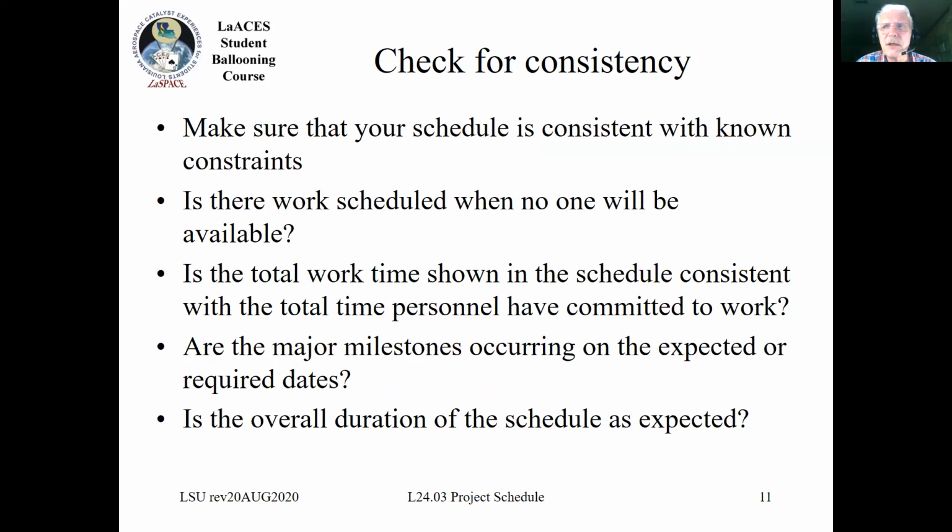Make certain that you're consistent with these tasks. If you run your calculation, your schedule out, and you find out that you can't complete your payload delivery until September of 2022, you've got a problem, all right? You've got to make certain that your schedule is consistent with your known constraints.